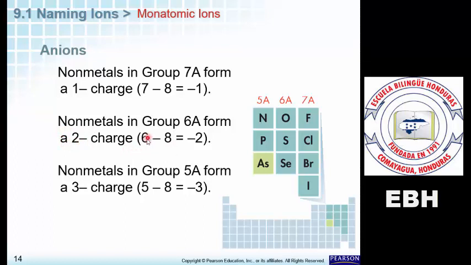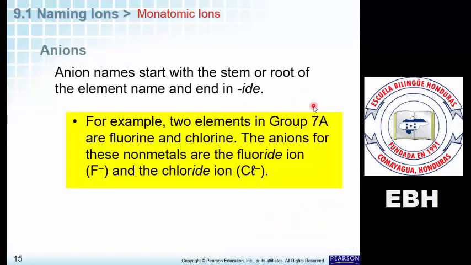You always subtract from 8: 6 minus 8 will be minus 2. And nonmetals in group 5A form a 3 negative charge. Remember, you subtract from 8: 5 minus 8 will be minus 3. You have some examples over here about groups 5A, 6A, and 7A.